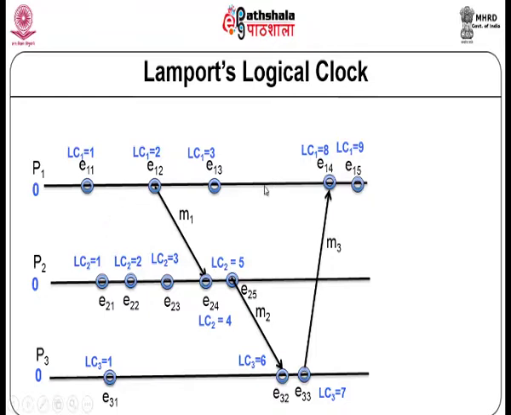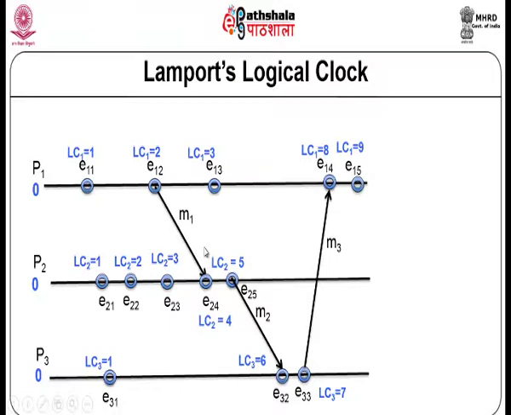So, this is the space-time diagram, and we have the logical clocks. Each process has its own clock, and they increase it and they synchronize with respect to each other.